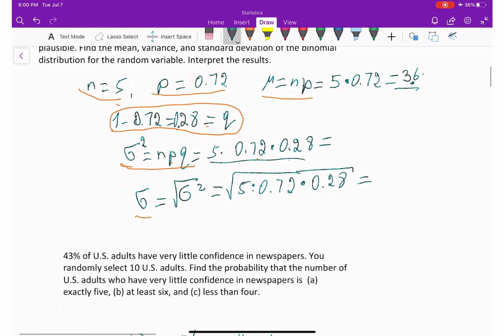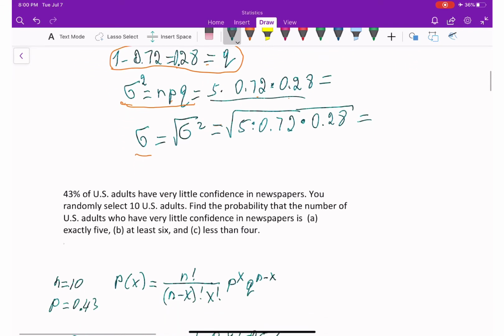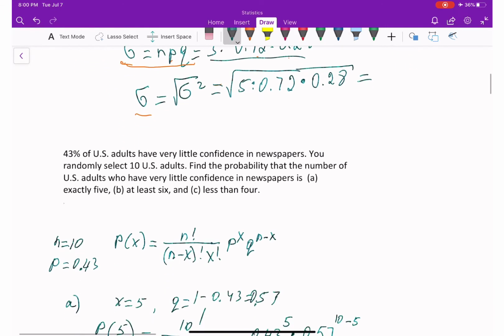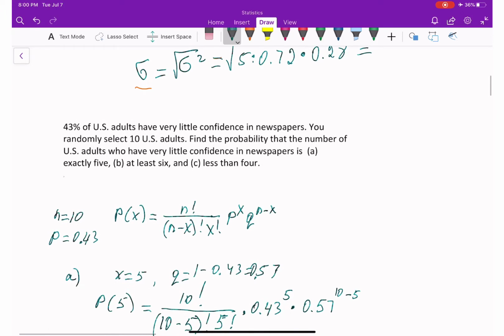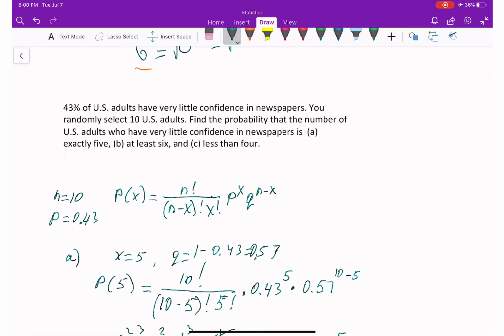Okay, next one, there are a lot of calculations, that's why I put in there not to waste too much time on writing down. Might as well I'll just cover and move on. 43% of US adults have very little confidence in newspapers. You randomly select 10 adults.